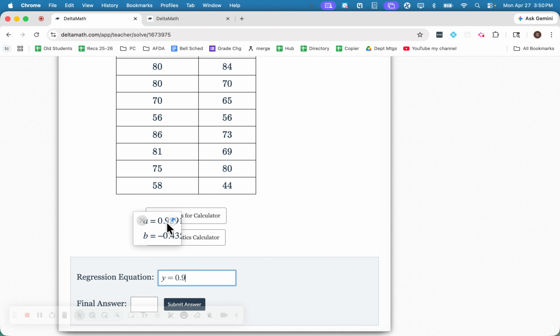The 2 is not bigger than 5, so I can cut it off at the 9 and not have to go up. X, because it's ax plus b, and then plus, oh, it's a negative, so I might as well say minus 0.4. And the next decimal is a 3, so it's less than 5, so I'm good to stay with the 0.4. Okay, so this is my line.